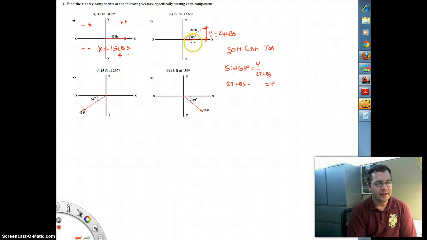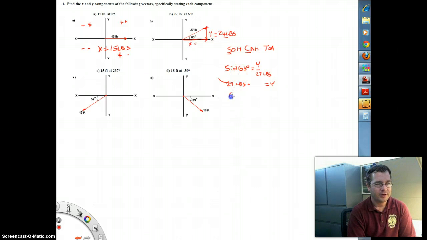So if we wanted to find the x component, the x component is adjacent, and we could use tangent to relate opposite and adjacent, but remember that this y was calculated, so we'd prefer to use a given number. So we want to relate hypotenuse and adjacent. The function that does that is cosine.